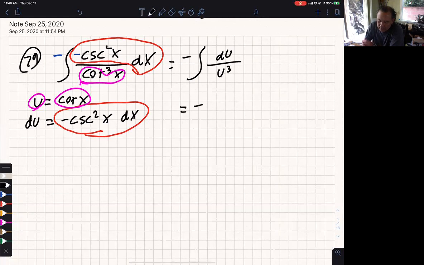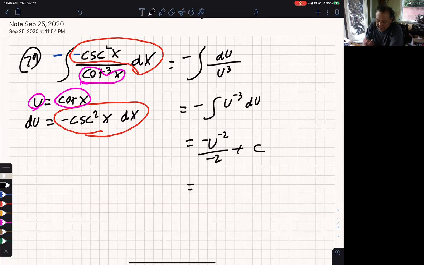And then I can rewrite this as u to the negative 3 power, and I use my power rule. The power rule says I add 1 to the exponent, so it's negative 2, and I divide by that, plus c, and we're almost done. The two negatives cancel out, so we're left with 1 over 2u squared plus c. You see, the negative moves it to the bottom.